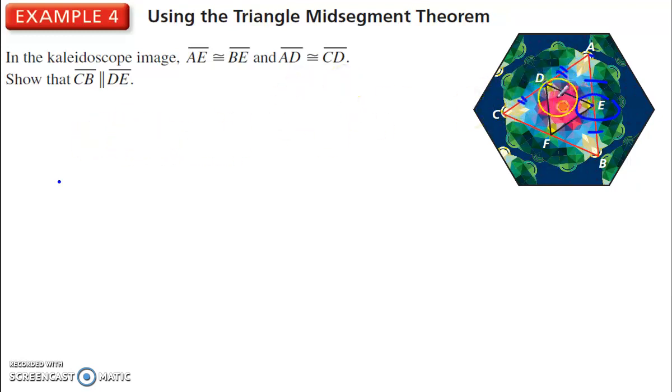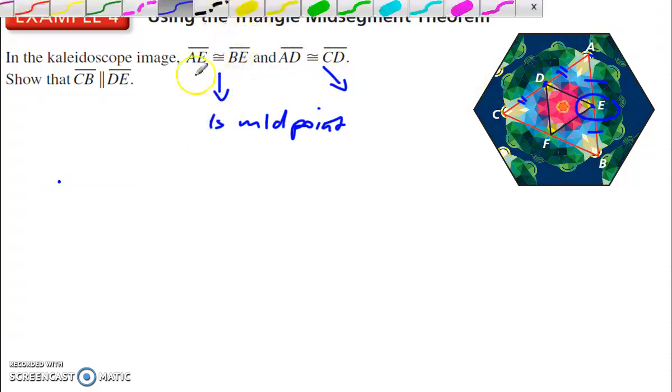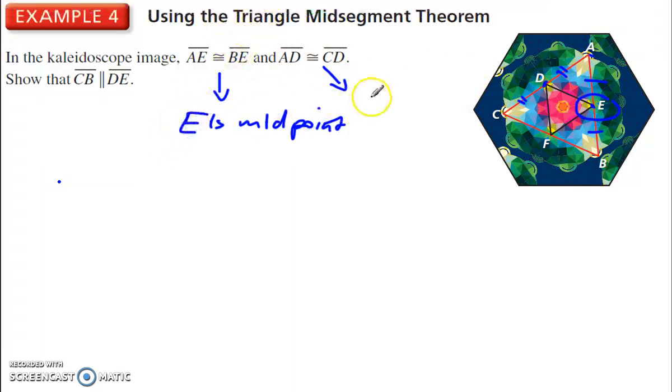All right. Since D and E are the midpoints, D is midpoint by the midpoint definition. E is midpoint on this one, D is midpoint.